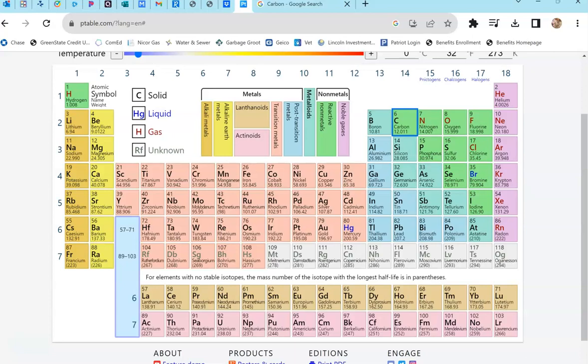And as we learned previously, it's also its atomic weight, which is the average of all of its isotopes. So it's pretty cool what our periodic table can tell us.